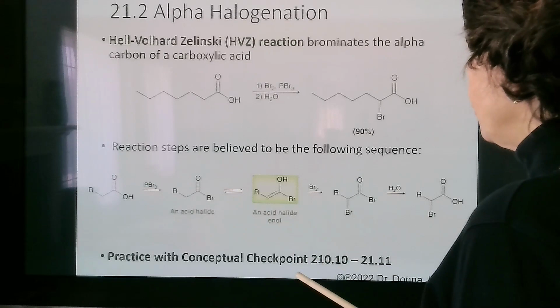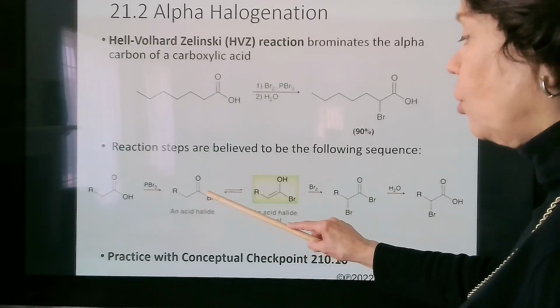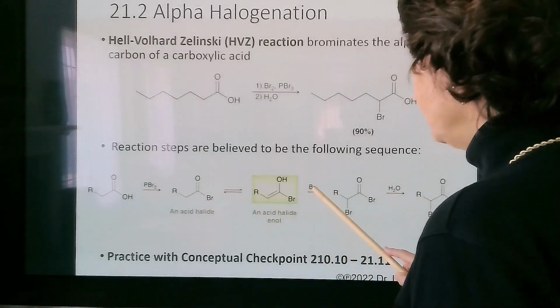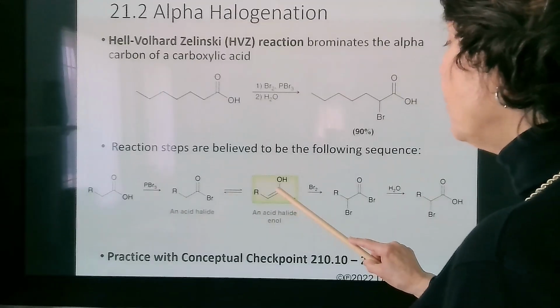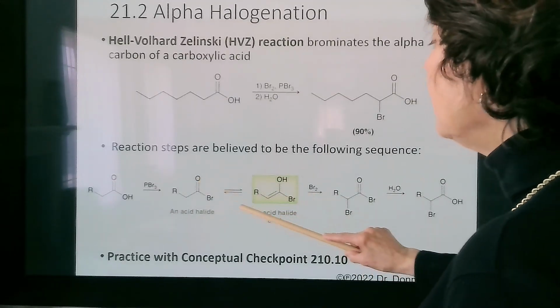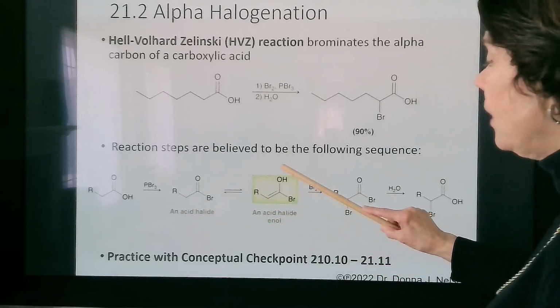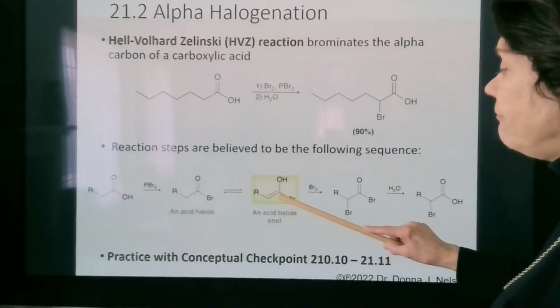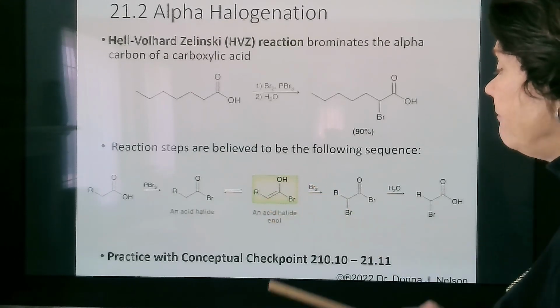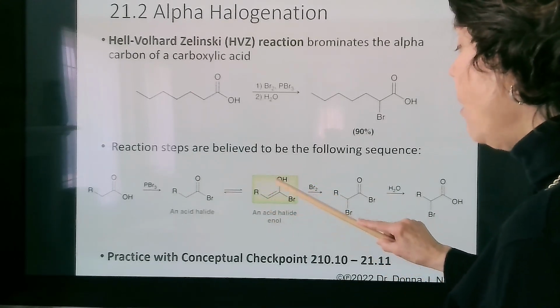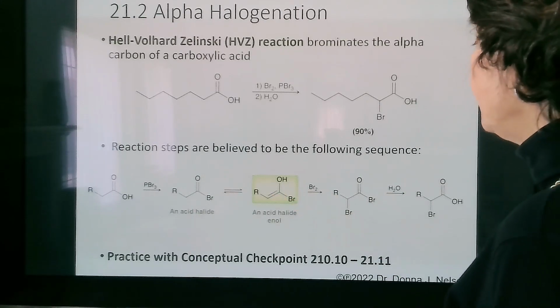This reaction does not work with acid chlorides, only with acid bromides. And now, remember, when you have a carbonyl with alpha protons, you can have the enol formed, and that is indeed what has happened here. You have the enol formed, and once you have the enol formed, you can brominate at that position.